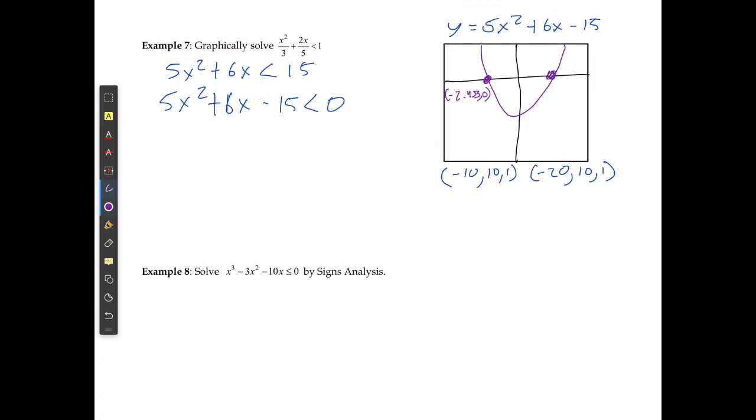I'm going to have one that is at 1.233 and 0. And because it's less than, I'm just looking for this region down here, which means that I'm going to state my solution is negative 2.433 is less than x, which is less than 1.233.